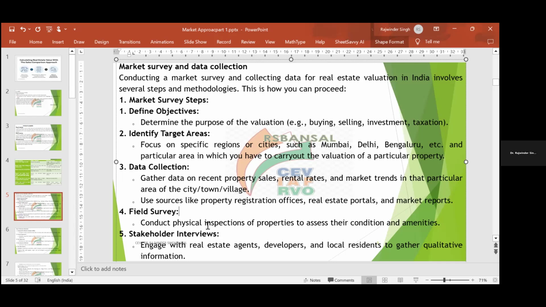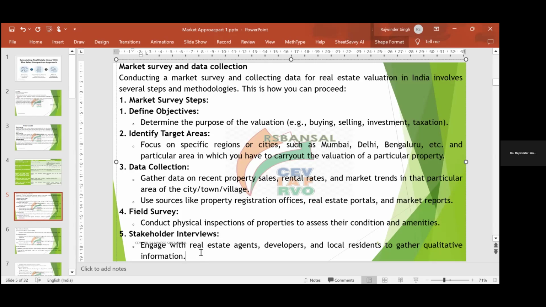Then, this is the most important thing. Conduct a physical inspection of the properties to assess their condition and amenities, of which you have to do the valuation. You have to do a physical inspection of that property. Then stakeholder review: engage with the real estate agents, developers, and local residents to gather qualitative information.